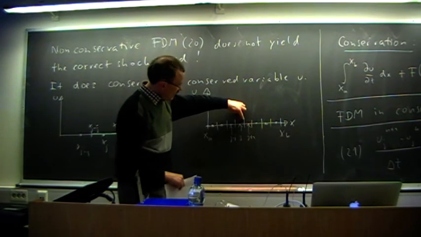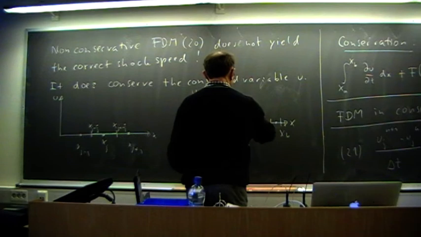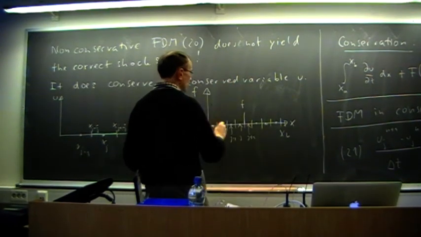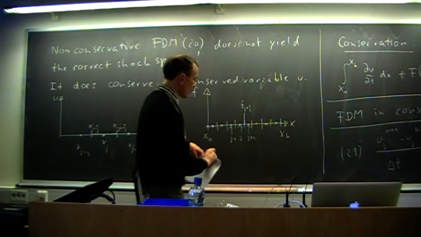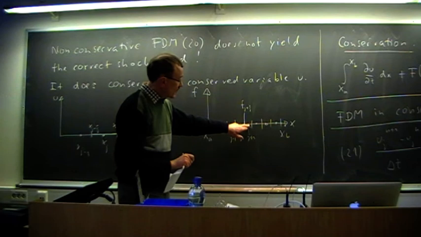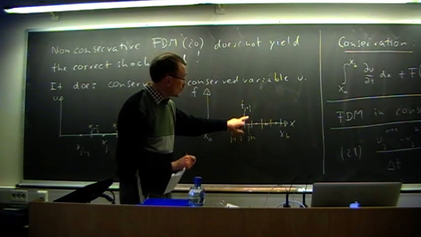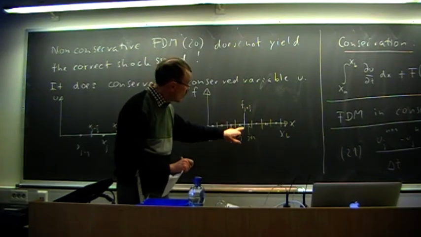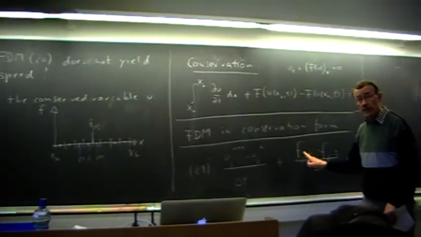Then the flux that we have here, this would be the F. We have here the Fj plus 1/2. That would be the Fj plus 1/2 for the cell J. But it would be the same flux that is entering the cell at J plus 1. So this flux that is located here comes with a positive sign.